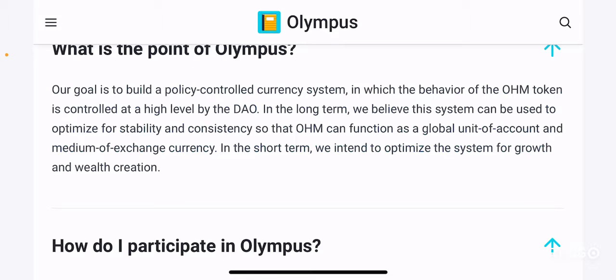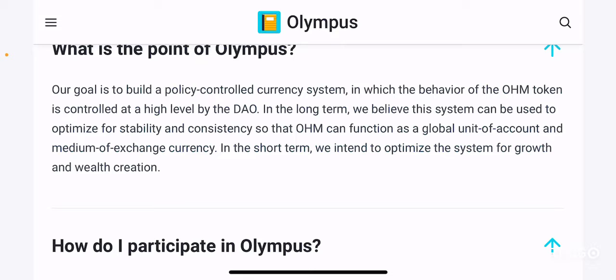Ohm will continue to retain its value, right? And they want to ensure that the platform is stable and able to provide consistency in such a way that the Ohm token will retain its value for a very long time, right?